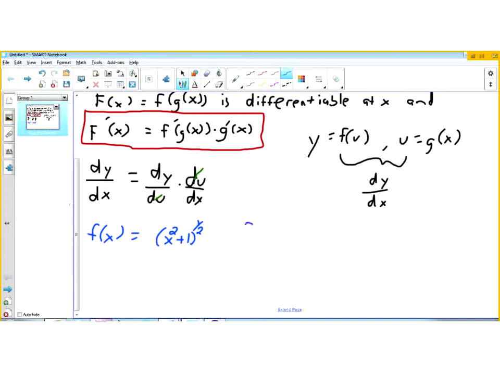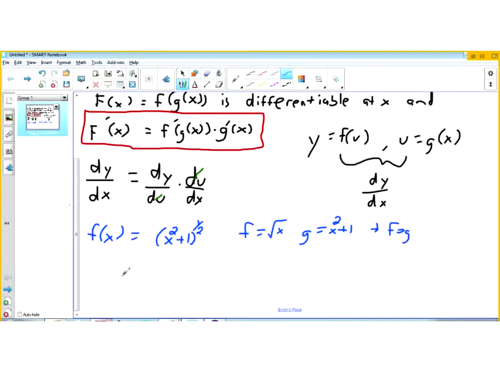And then if we let f equal a square root function, and then g equal to x squared plus 1, then we can see that this function is f composed with g. All right, so you should be able to discern that readily.